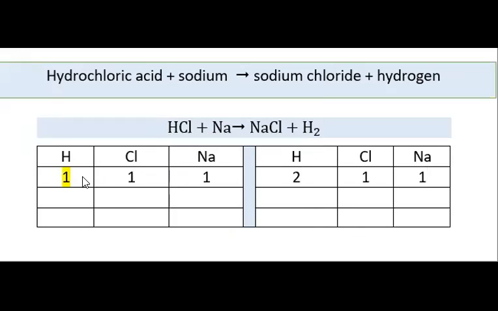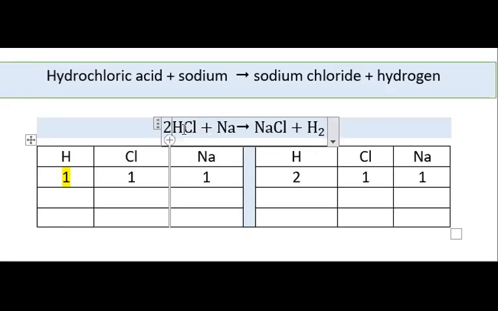So in order to bring the 1 to a 2, all you need to do is introduce, and I like how Christopher says introduce, that's really smart. Introduce the 2 before HCl, right? But that changes how many chlorine I have as well. That changes everything. So I make a new tally, and I say 2 hydrogens and 2 chlorines, 1 sodium. I'm still sticking here with the same thing. Am I balanced now?